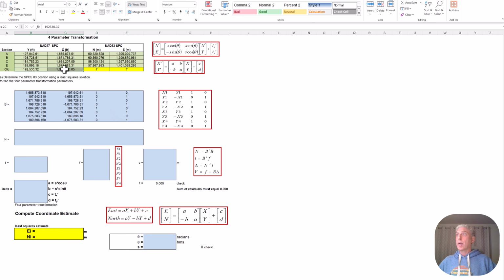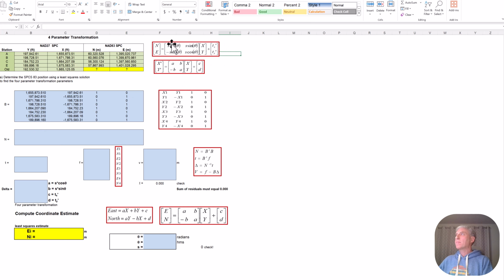We have a set of coordinates in the old datum that we've derived through traverse and level loop. And what we want to do is go through our matrix process to come up with a mathematical method to get to the unknown coordinates.